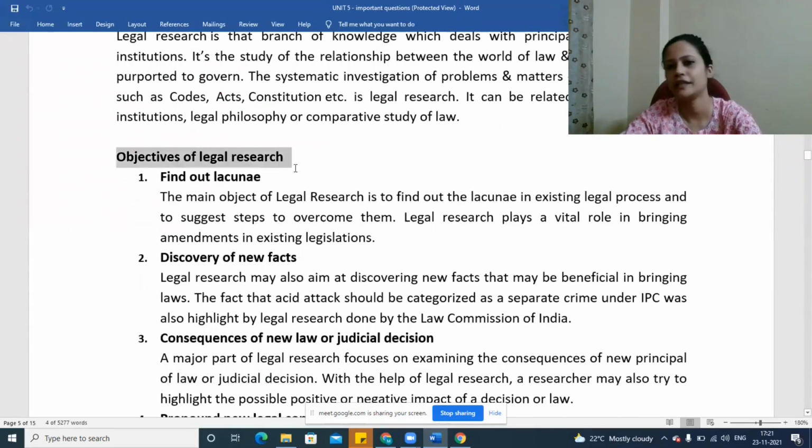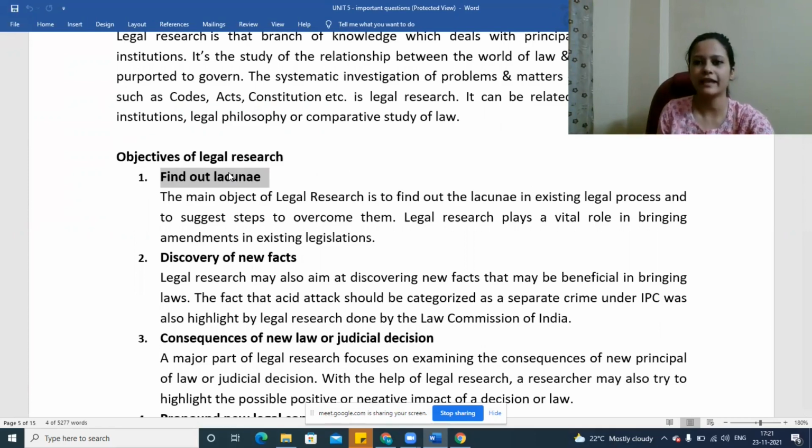Now, objectives of legal research. What are the main objectives? What might be the main purposes for which people take up legal research? First of all, find out the lacuna. We know that law is not static. Law will change with time so that it can address the needs of the present day situation. So legal research will try to find out what all problems are there in the existing legislation that we have.